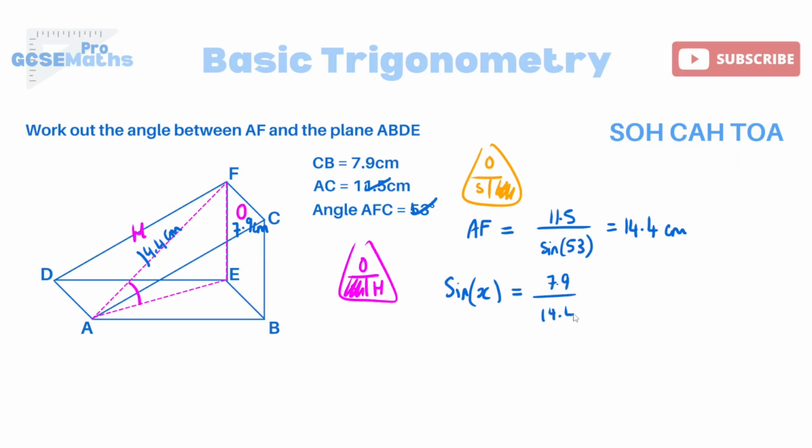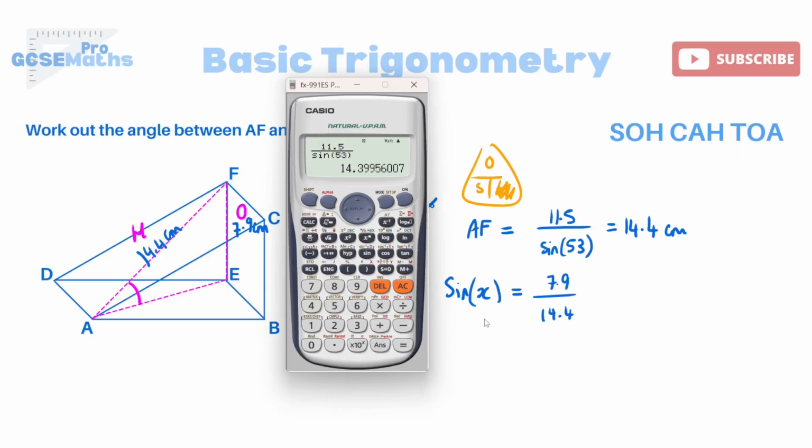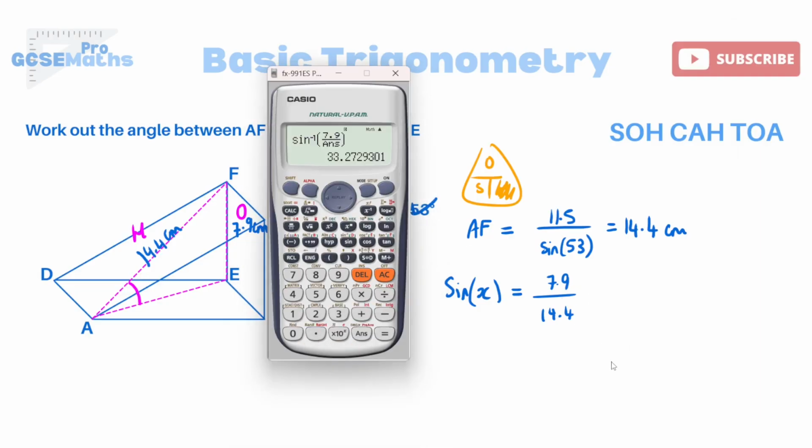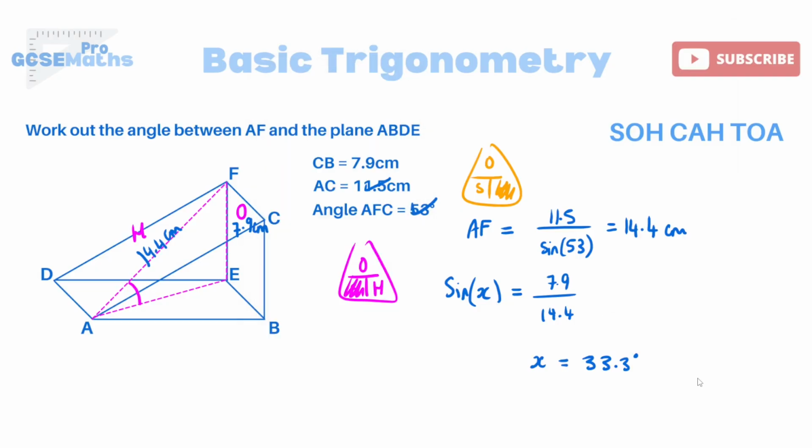Now again, I'm not going to just put 14.4, I will copy the answer from my calculator. And because we're working out an angle, again, remember we need to do the inverse, so sine inverse, 7.9 over, and this is where I'm going to put the answer button because my previous answer was the 14.4 in full, wasn't it? So I've got 33.27. It hasn't said how to round it, so I might just again round it to one decimal place, 33.3. And there we are.